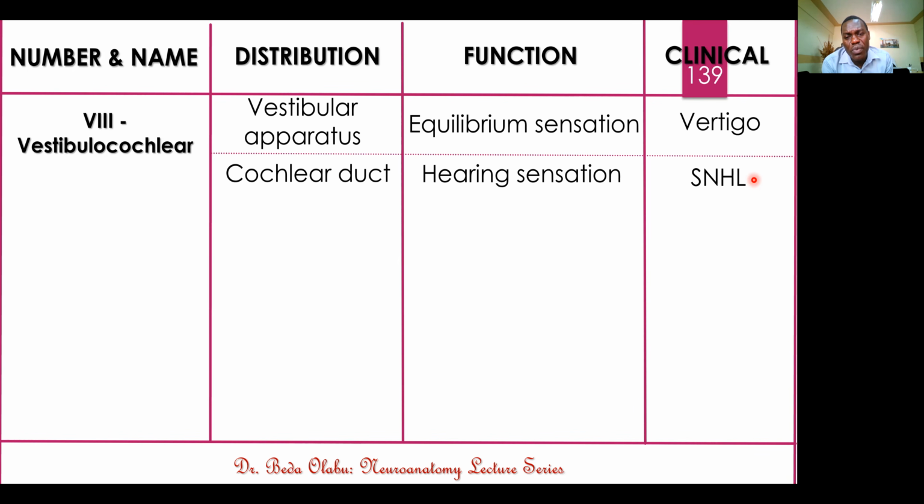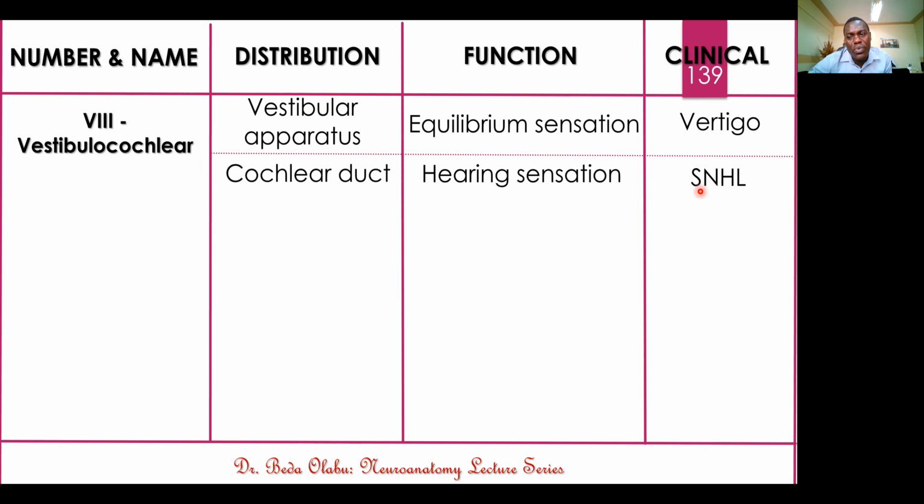That's a bit different from sensory neuron hearing loss, which you get if you injure the inner ear. The inner ear is the one that contains the receptor, the cochlea. If you injure the receptor for hearing, as well as have a lesion that affects the neuronal pathway for hearing, then you call it sensory neuron hearing loss.